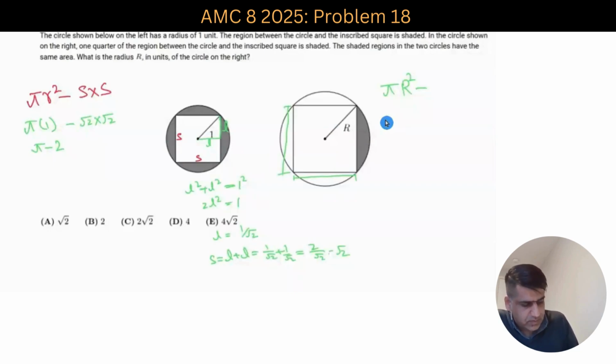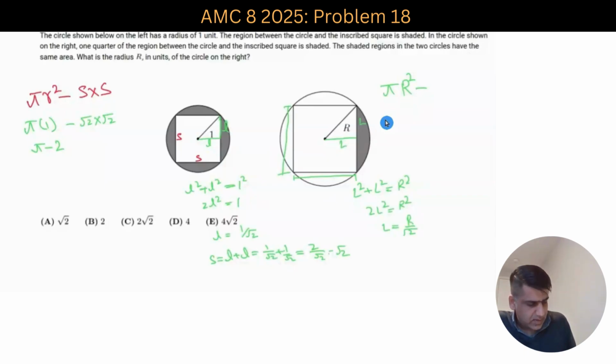If I do that, I can again find this length and this length by applying the Pythagoras theorem. So again, L square plus L square is equal to R square, 2L square is equal to R square, and then I will have L equal to R over square root of 2.